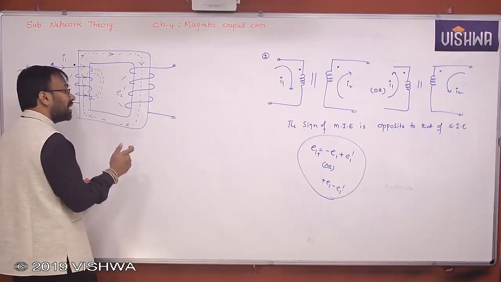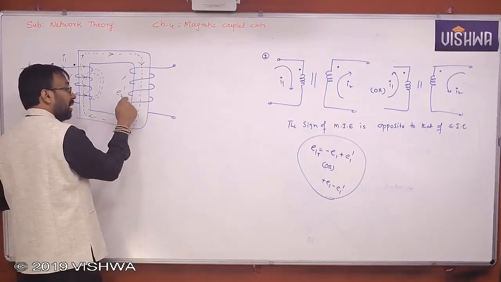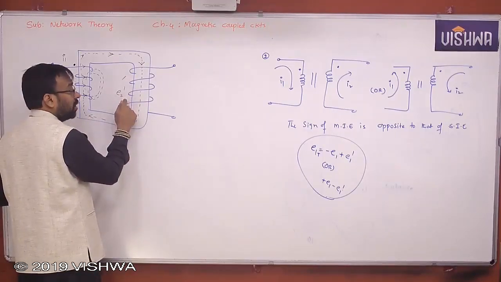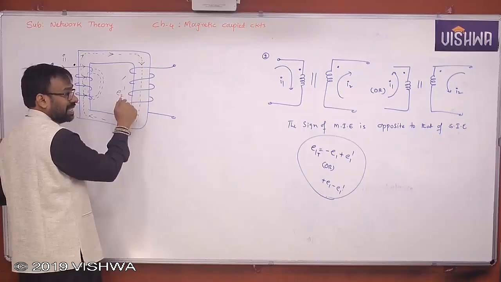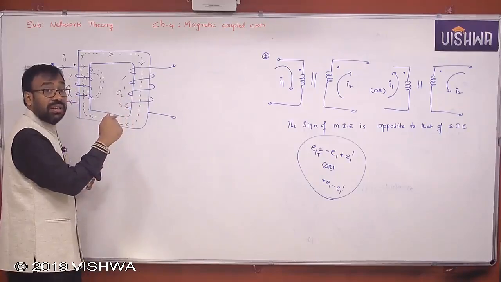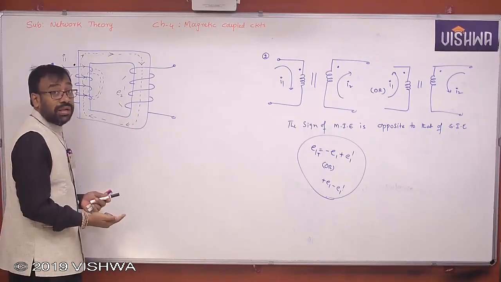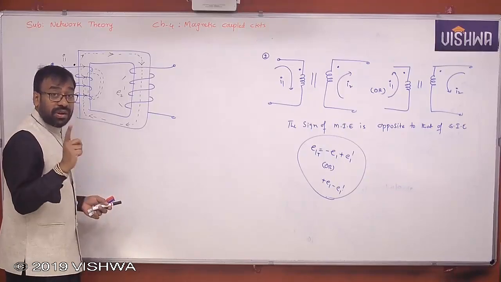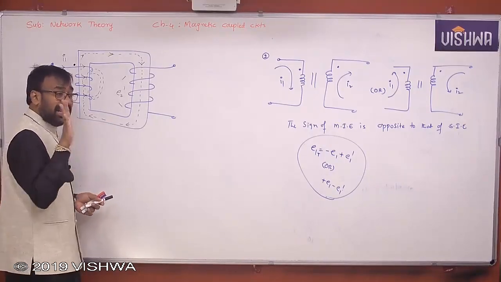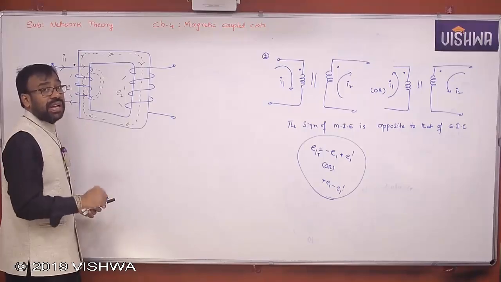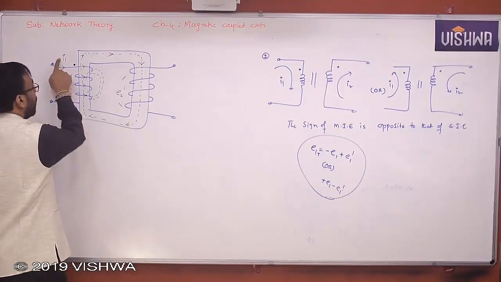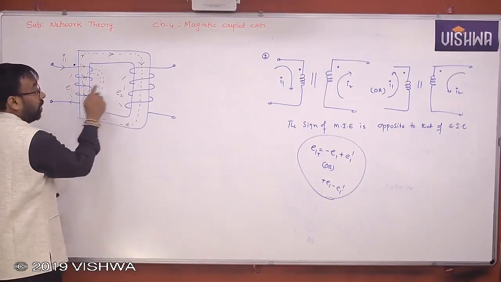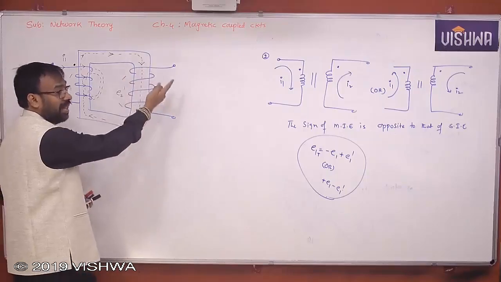What is the flux actually linking with this particular coil when it is excited? Then based on that flux direction, you can identify the current direction. If you know the current, you identify the flux direction. If you know the flux, you can identify the current direction.